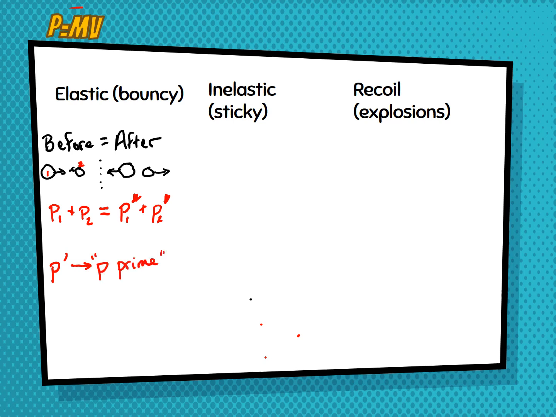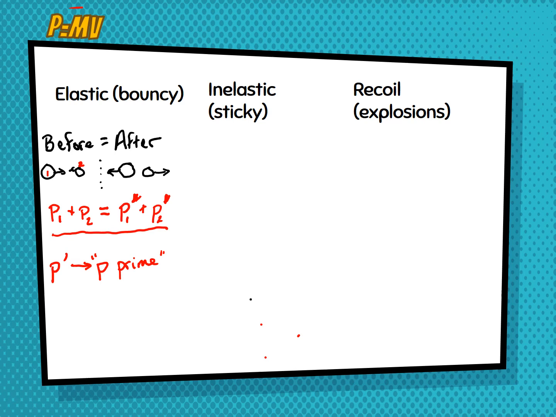And all that means is after the collision. So before the collision, there's not an apostrophe next to it. After the collision, we call it p prime. So that's our conservation equation for an elastic collision.